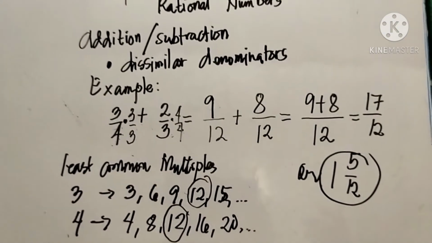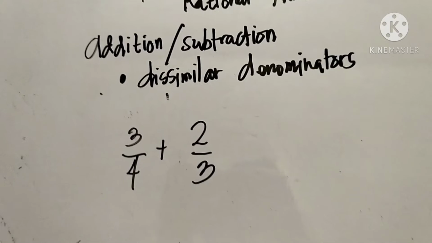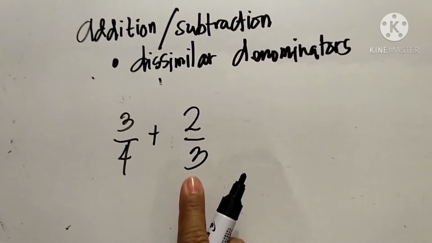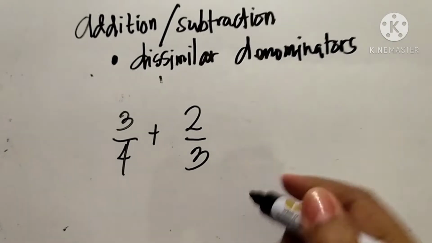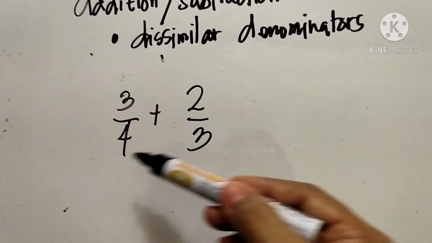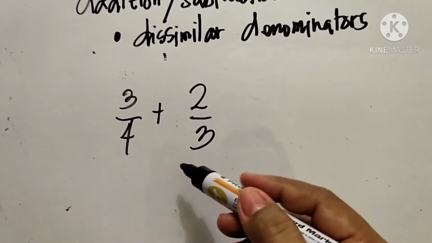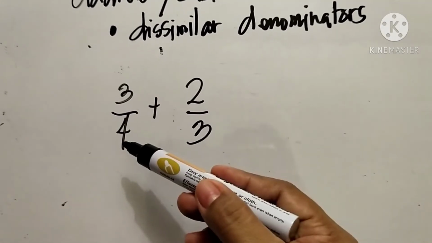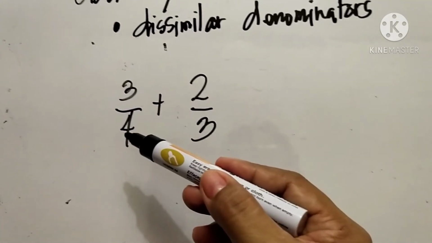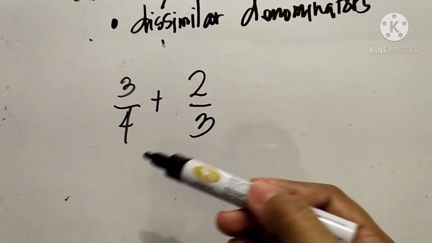Another way to add or subtract dissimilar denominators is to see to it the denominators are relatively prime, meaning they don't have common factors. Like 4 doesn't have a factor of 3, right?